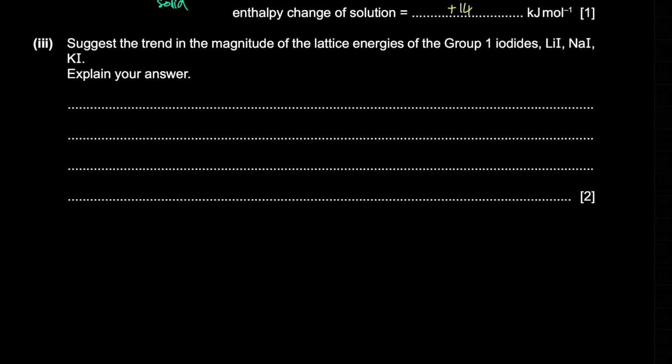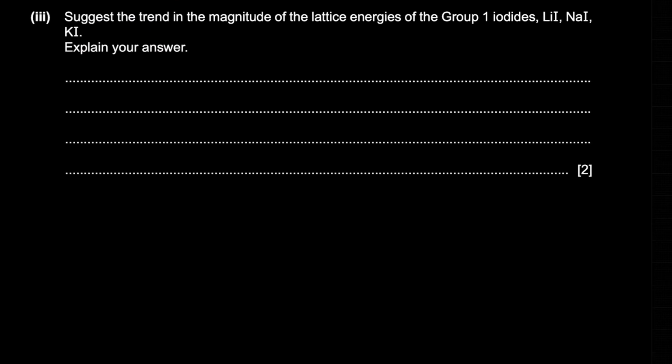Suggest the trend in the magnitude of the lattice energies of the group 1 iodides, lithium iodide, sodium iodide, and potassium iodide, as you go down the group. So here, if you go down the group, the cations become larger. And if you remember, the charges are the same. They're all 1 plus ions and 1 minus ions, and the anion is the same. It's just the cation that's changing over here.